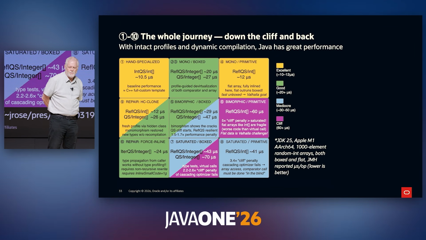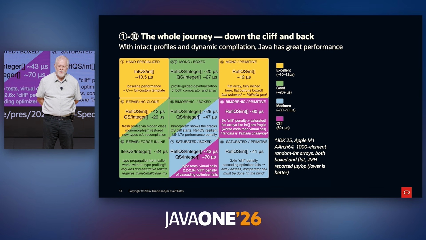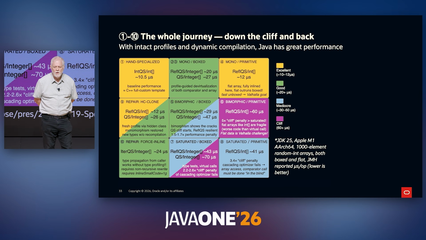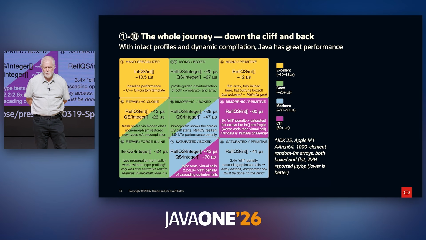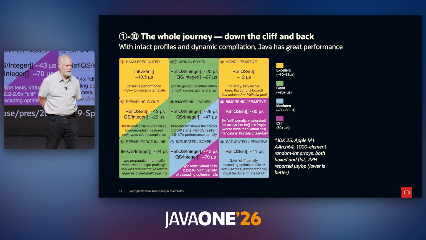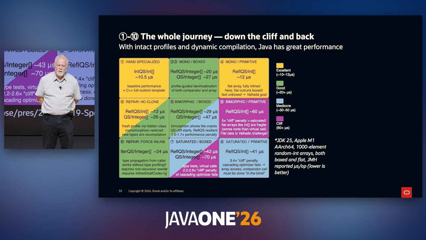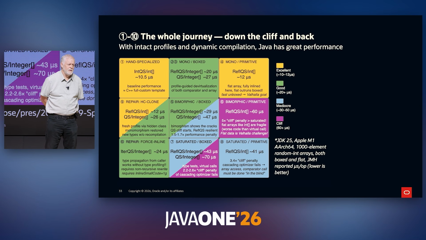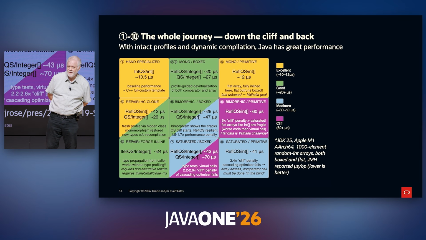So here's the whole map. We started in the upper left corner with hand specialized goodness, which is totally competitive with C++. We recovered it with monomorphic profiles on the upper right-hand corner with the reflective QuickSort on flat arrays. The green one, the regular QuickSort, is a little slower, but that's just because of boxing. It's nothing. It's not our fault today. But getting rid of boxing, that's a really good thing to do.